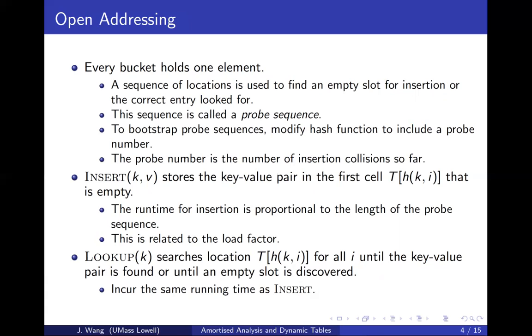Following some kind of mechanism, which we're going to talk about, the sequence of jumping is called a probe sequence because we're just probing to see whether a location that we jump to is available. To support probe sequences, we need to modify hash functions to include a probe number. The probe number is the number of insertion collisions so far.